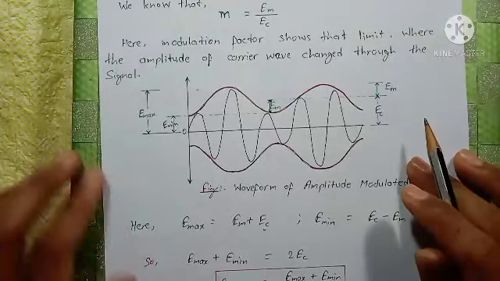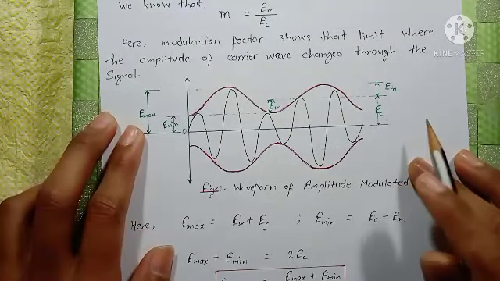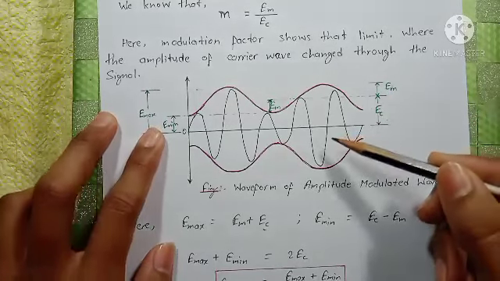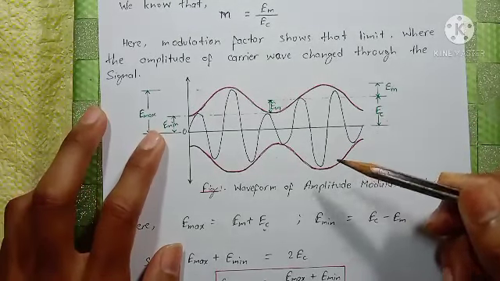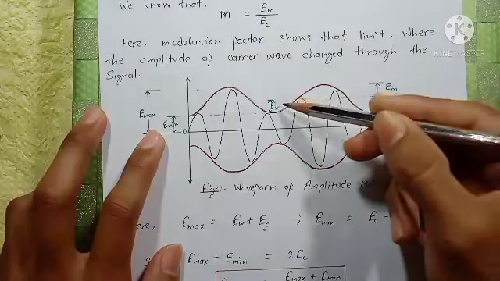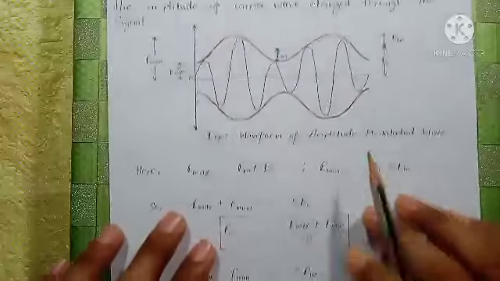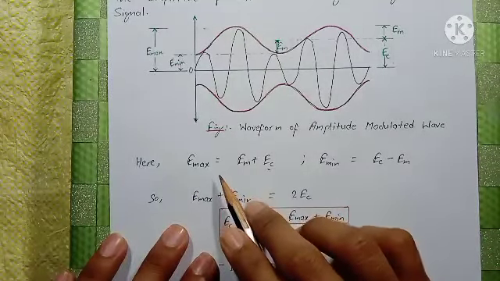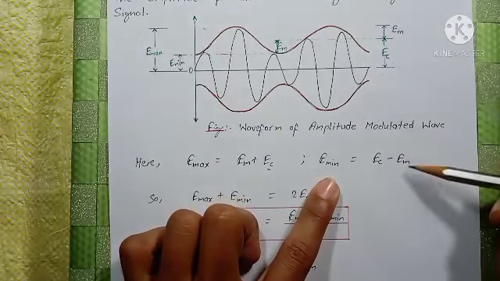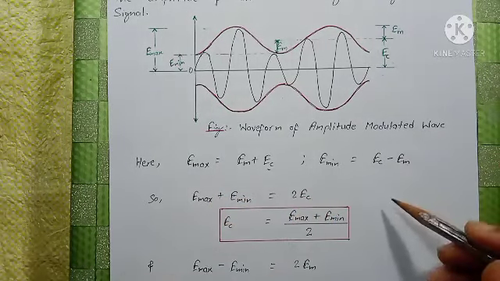Here the total value of Emax is the summation of Ec plus Em, and the value of Emin is the difference between Ec and Em. So Emax is equal to Em plus Ec, and Emin is equal to Ec minus Em.